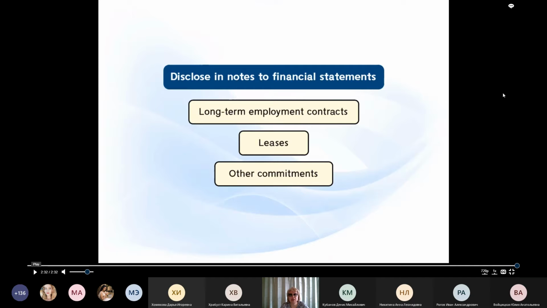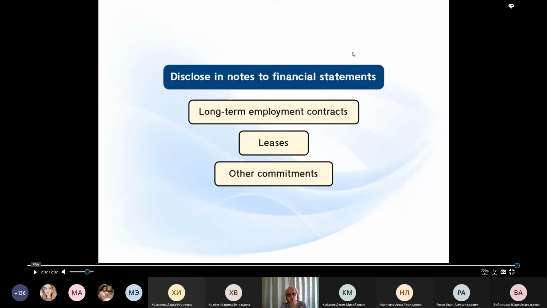But what is important is that signing contracts is not a subject for the accounting process, because the accounting process registers only real facts of changes in assets, liabilities, or owner's equity. A contract is only a promise to do something in the future. So this is why we should remember that signing a contract is not a subject for accounting treatment.